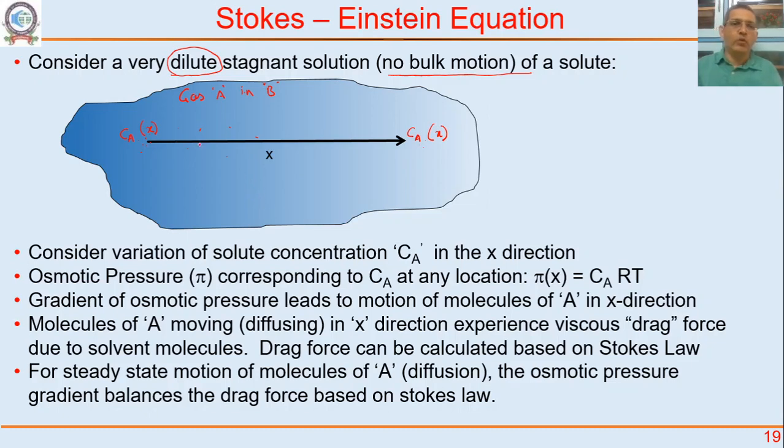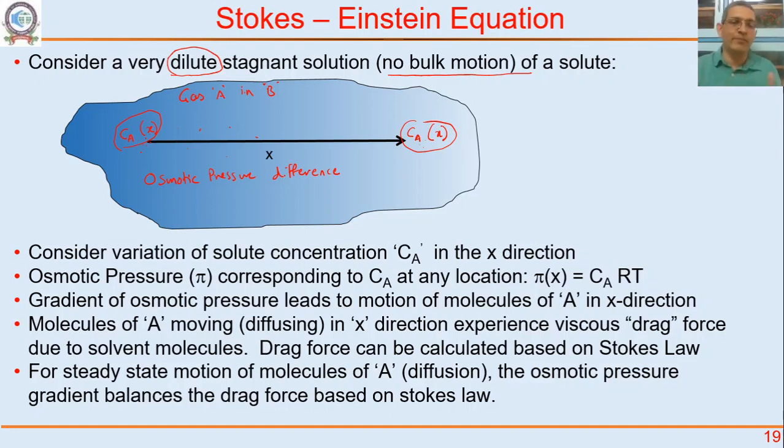Now, if the concentration of A is different here and different here, this concentration difference gives rise to an osmotic pressure difference. Now remember, we were talking about osmosis and osmotic pressure difference. Let's say in one case you have a salt solution 2%, in another case you have a salt solution 7%.